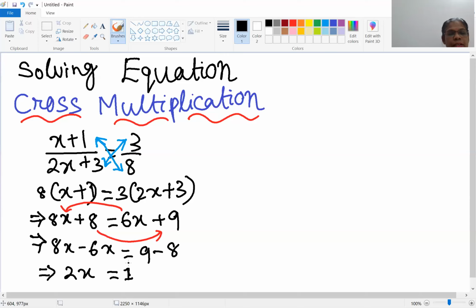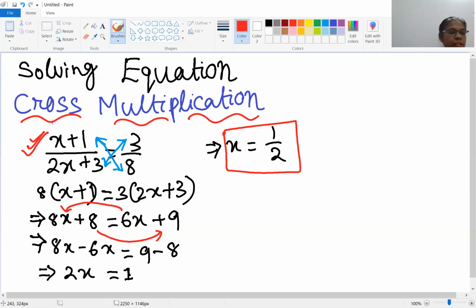Then the value of x is 1 by 2. I got my value of x by solving this equation.